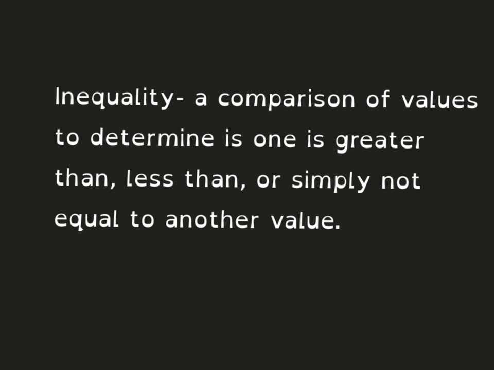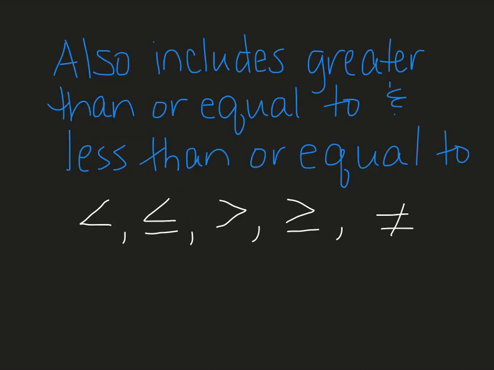But this definition doesn't cover two more, because we're not going to be just comparing two number values. We'll be looking at unknown values, of course, and using variables. So an inequality also includes greater than or equal to and less than or equal to.